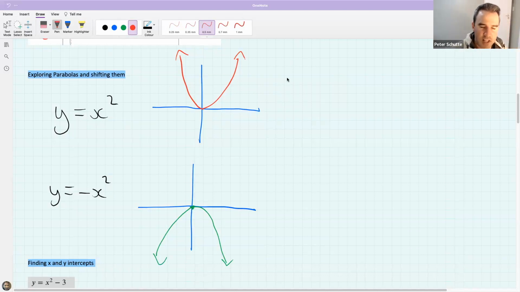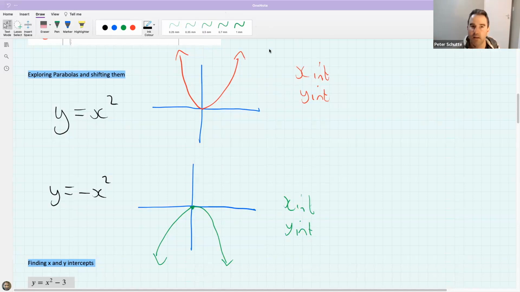I would like someone to tell me what's the x-intercept and the y-intercept for the red graph, and what is the x-intercept and the y-intercept for the green graph? Any ideas?